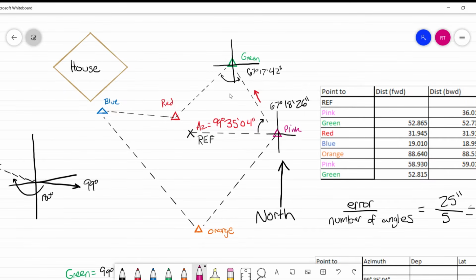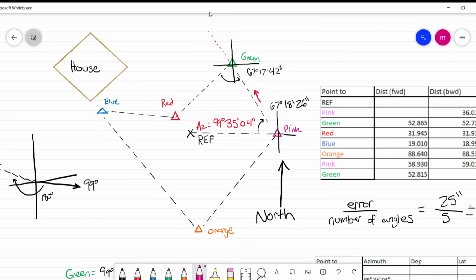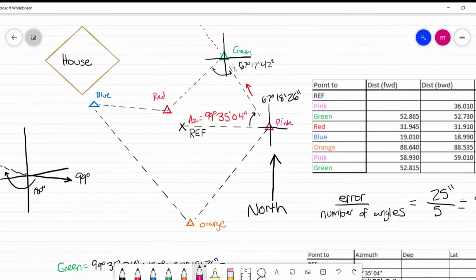Now, what we have from pink is this azimuth right here. If we were to take the reverse azimuth that comes down here, we would need to subtract 180 degrees. So if we take our reference azimuth, subtract 180 degrees, and then add our measured angle, that'll place us right here.